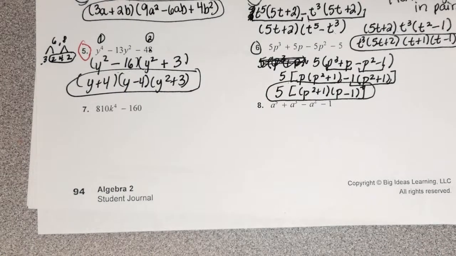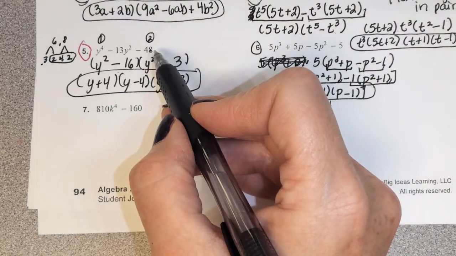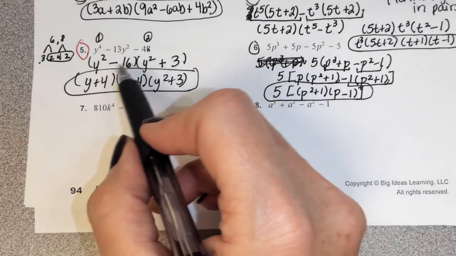Yeah, Karen. So for that one, could you pull out the y squared and just say y squared times 3 minus 16 or negative 16 plus 3? Say that again. So say you pull out the y squared. Yeah, but this doesn't have a y squared. No, on the second step. Okay. So there's a y squared in both of them.